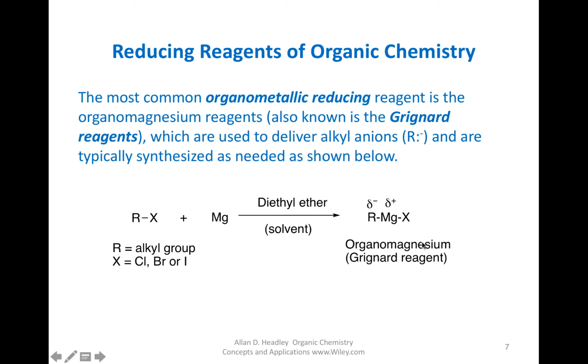One that's used a lot in organic chemistry, the most commonly used organometallic, is the Grignard reagent, where there is magnesium that bonds to the carbon. So let's see how we make that.